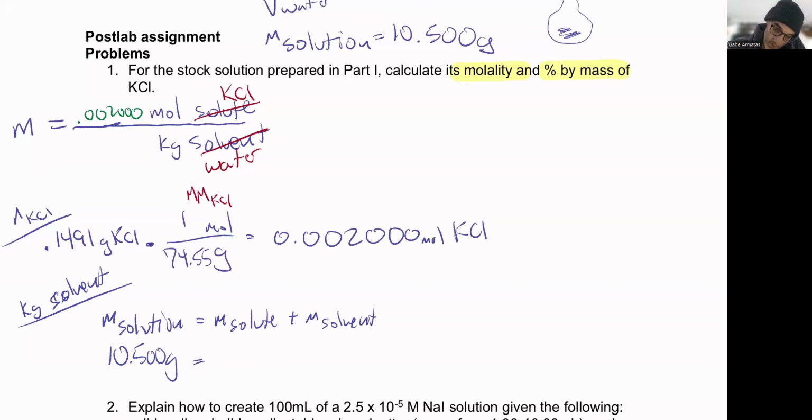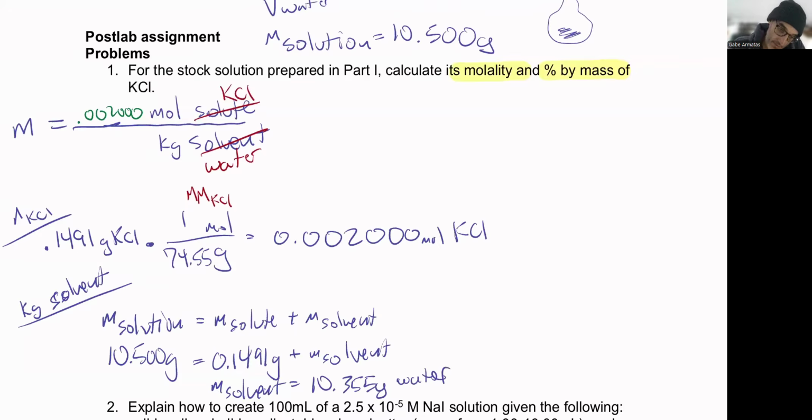Well, we know that I have 0.1491 grams of the solute, and now I can solve for the mass of solvent. So the mass of my solvent is 10.5 minus the 0.1491 gives me 10.355 grams of the solvent, which is my water.